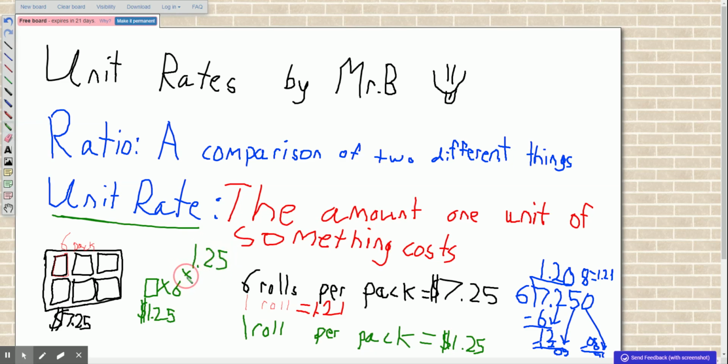So 1.25 times 6. 6 times 5 is going to give me 30. 6 times 2 is 12, plus 3 is 15. 6 times 1 is 6, plus 1 is 7. My decimal goes over 2 places, so we get 7.50.